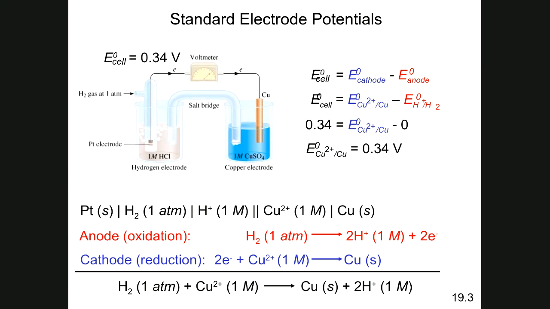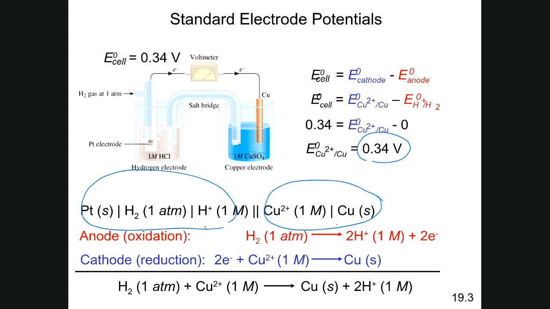For copper, when it's compared to hydrogen, again, this value is 0.34. That's for reduction of copper. So we are comparing that to hydrogen. In this case, hydrogen is being oxidized and copper has been reduced.